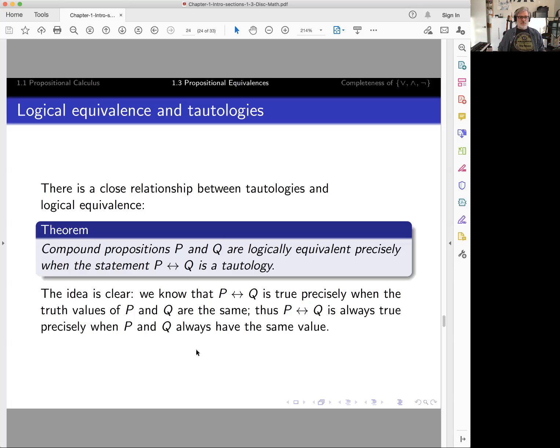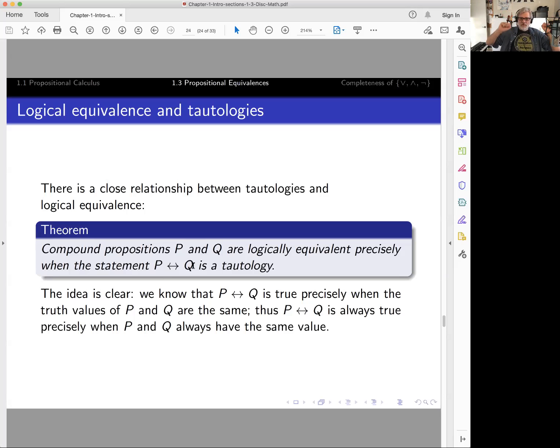So why is this true? We want to understand that two compound propositions are logically equivalent, meaning they have the same table, exactly when the statement P if and only if Q is a tautology. Now recall that P if and only if Q lights up as true when P and Q are equal, right?